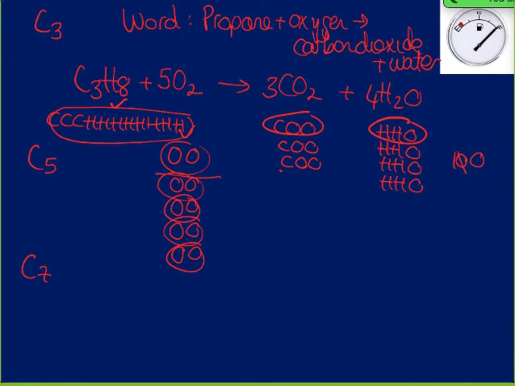I then count up my oxygens to give me 10. I already have 2, but to get 10 oxygen it must mean I have 5 O2. So if in doubt what to do with the oxygen on this left hand side, if you have 10 on the right and 2 on the left, you can write it like this, and you can even leave it as 10 divided by 2 O2. The SEC will accept that.